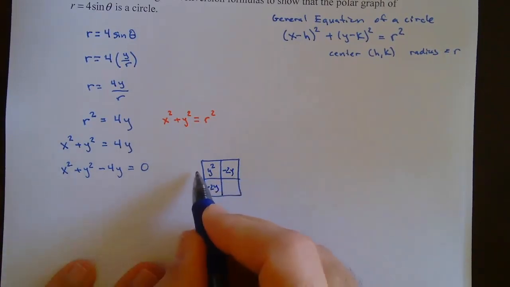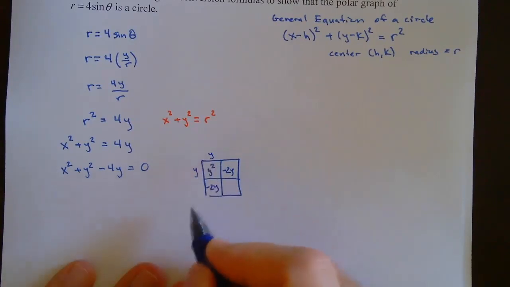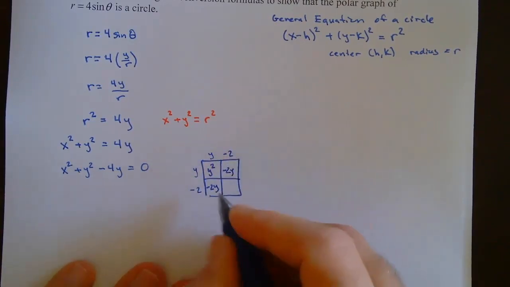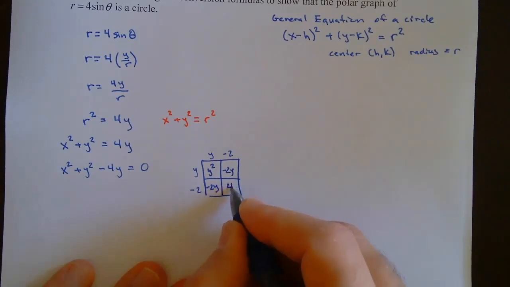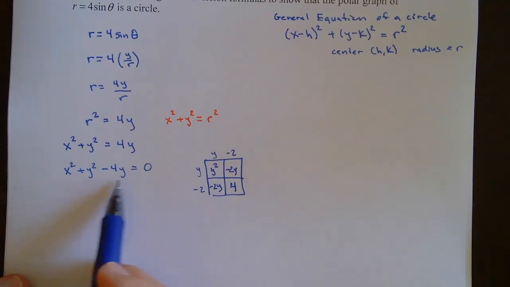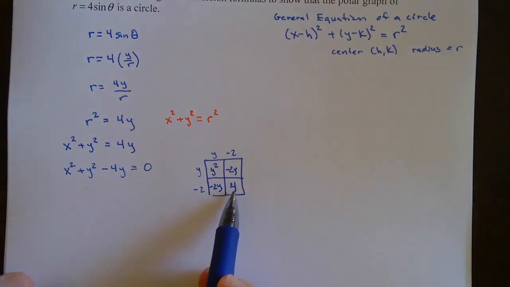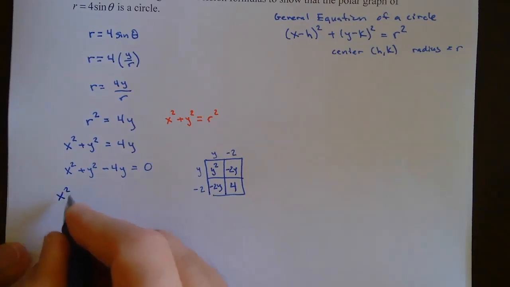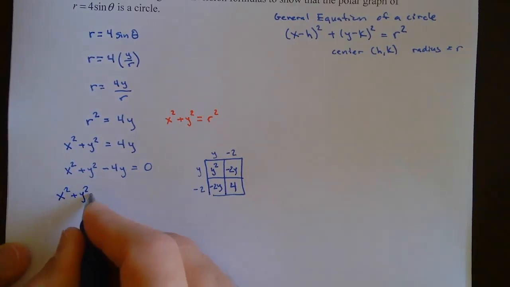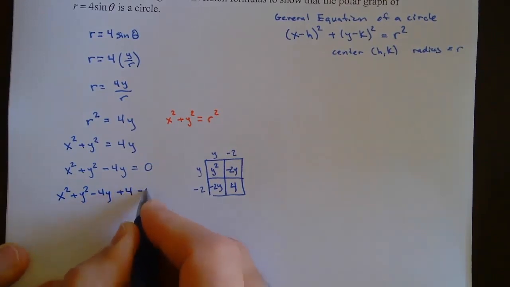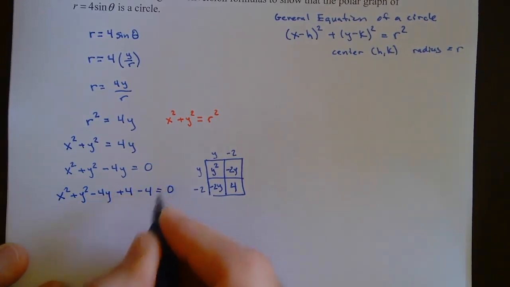And then if we factor across, this would be y, and this would be y, and this would be negative 2, and this would be negative 2, and negative 2 times negative 2 is positive 4, okay? So to get this 4, to make this a perfect square, we're going to need to add 4 and also remove 4, okay? So this makes x squared plus y squared minus 4y plus 4 minus 4 equals 0.